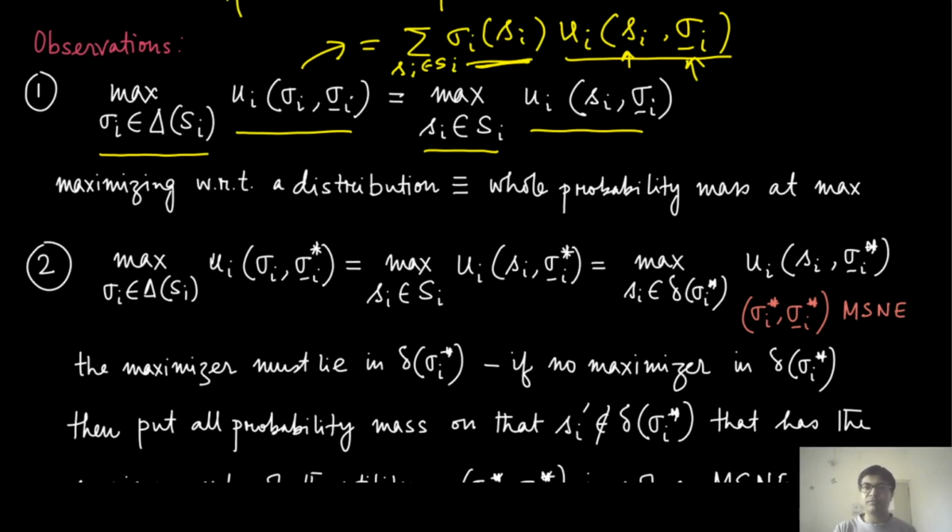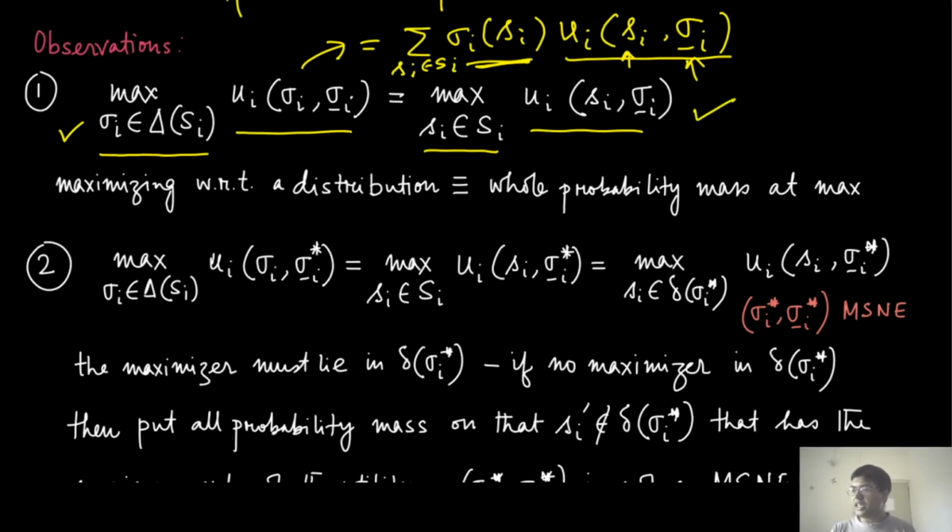This observation states that the value you get by maximizing over any mixed strategy is the maximum of all those individual numbers.